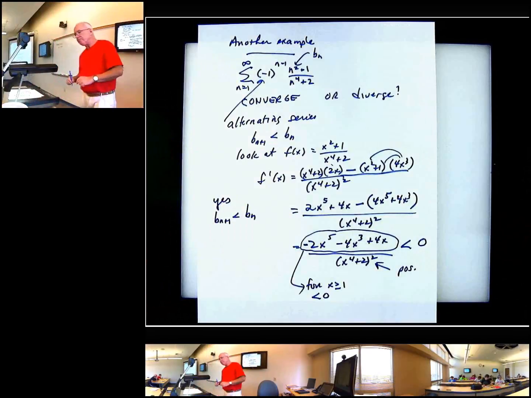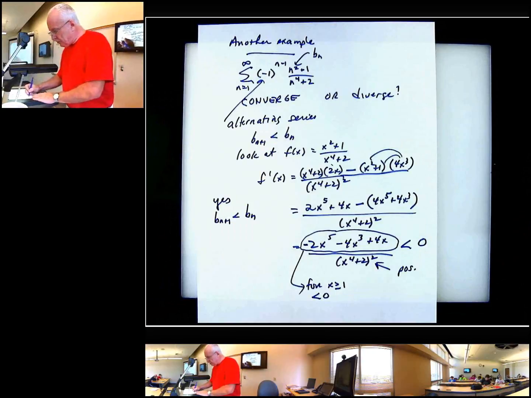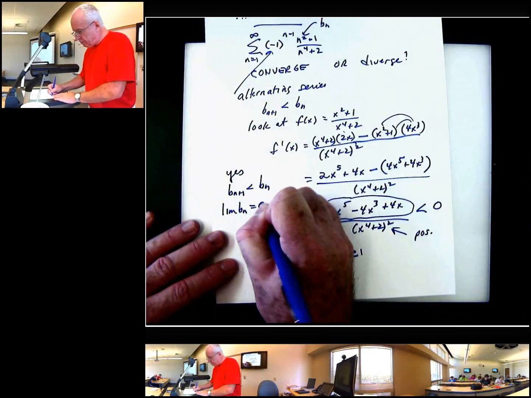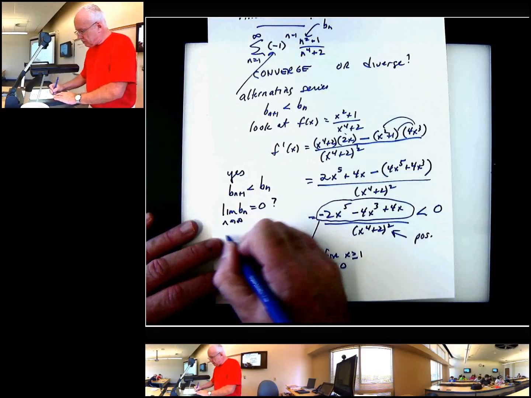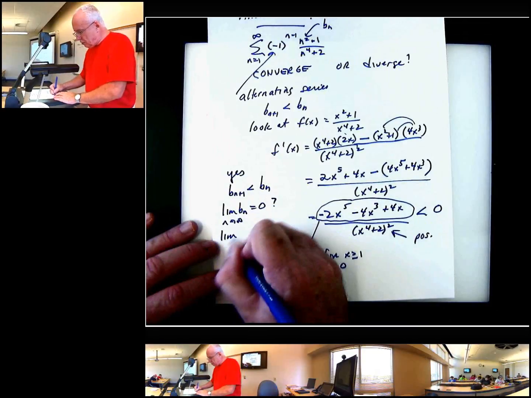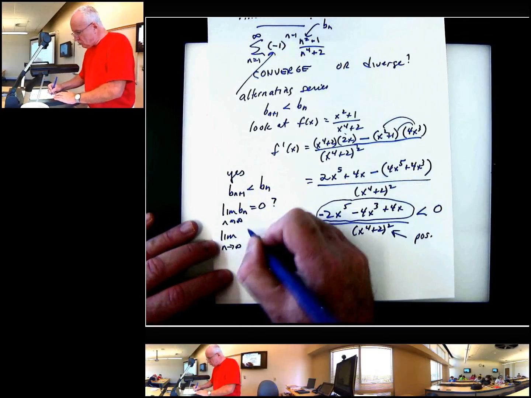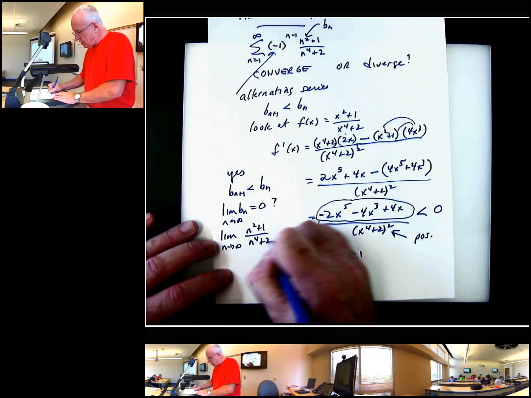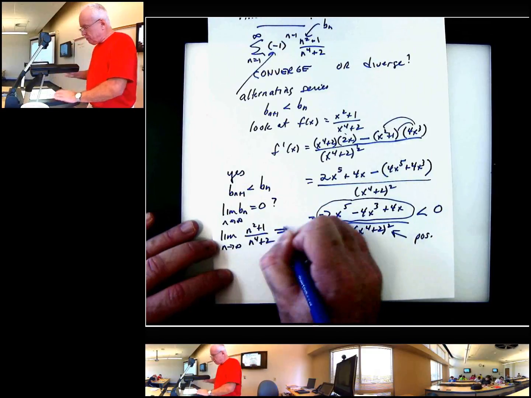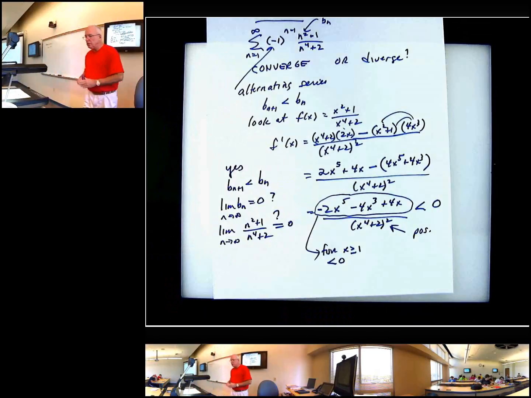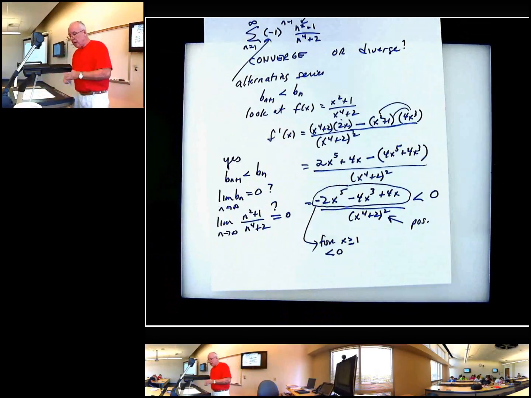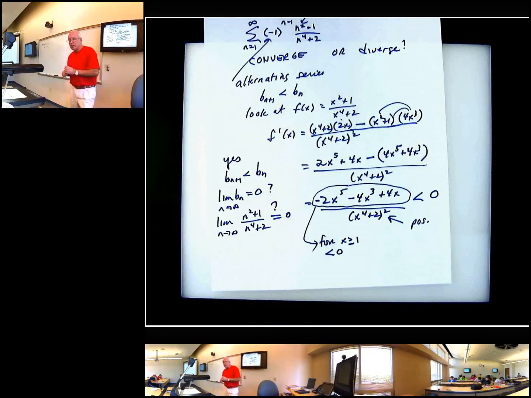All right. And then the other thing we have to show is: is the limit of b_n equal to 0? So that is the limit as n goes to infinity of (n squared plus 1) over (n to the 4th plus 2). Is that going to be equal to 0? Again, let's do our old trick, dividing by the biggest power of n, which is n to the 4th.